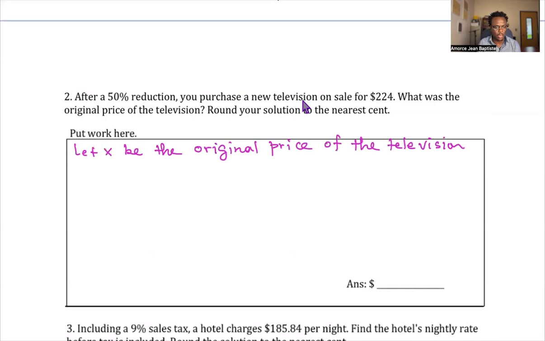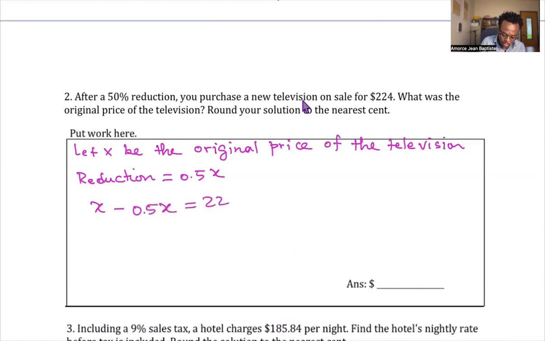Okay, so X being the original price of the television, and 50% of X was deducted. So the reduction will be equal to 50 divided by 100 times X, so that's 0.5X. After you subtract 0.5X from X, the price, you take 50% off, and you get to buy the television for $224. So X minus 0.5X is 224.